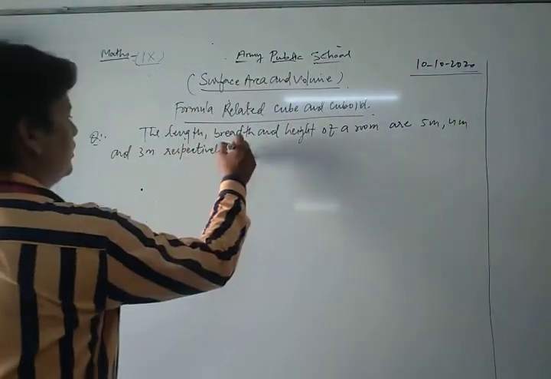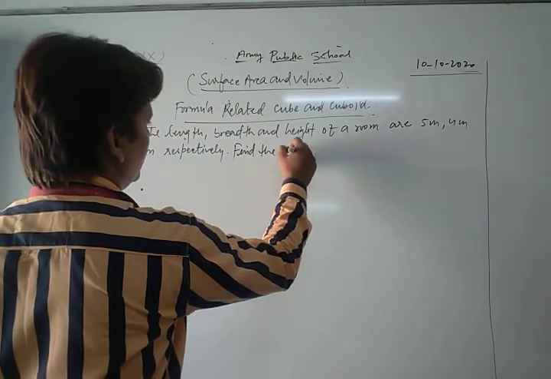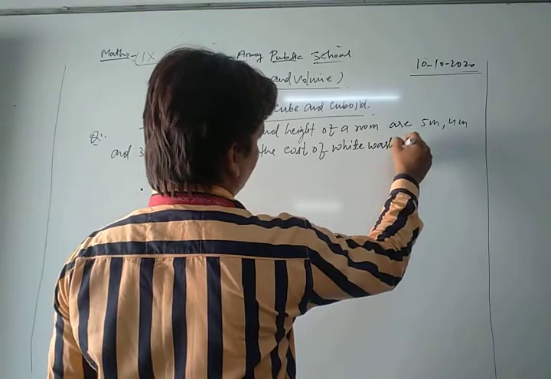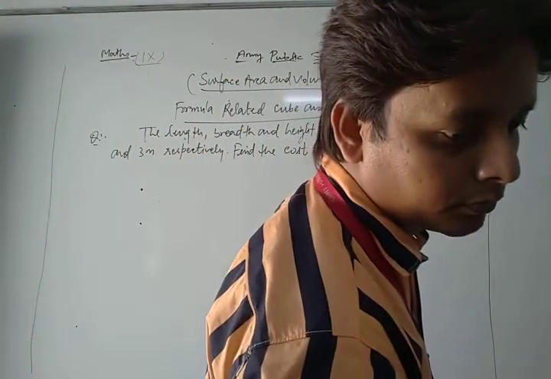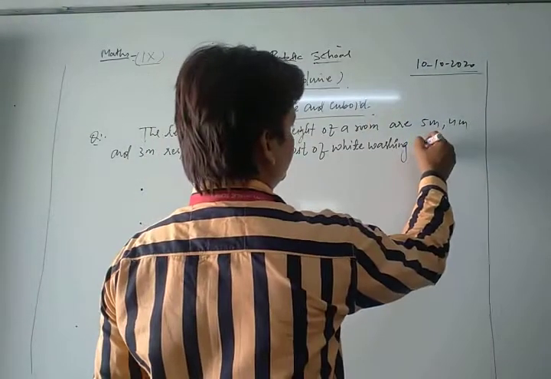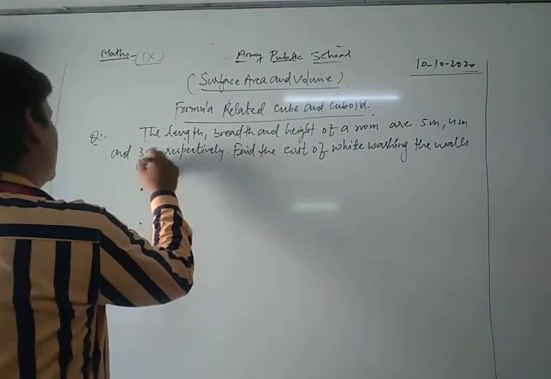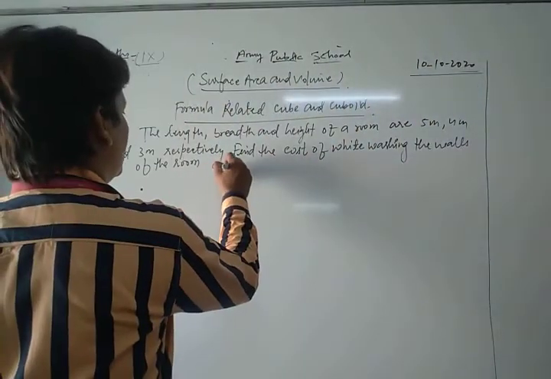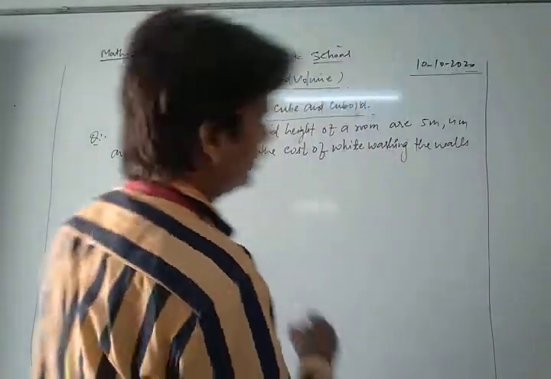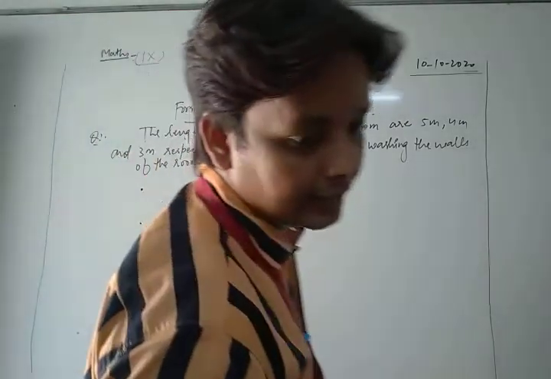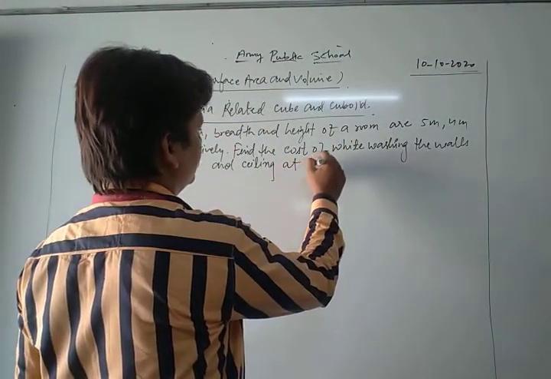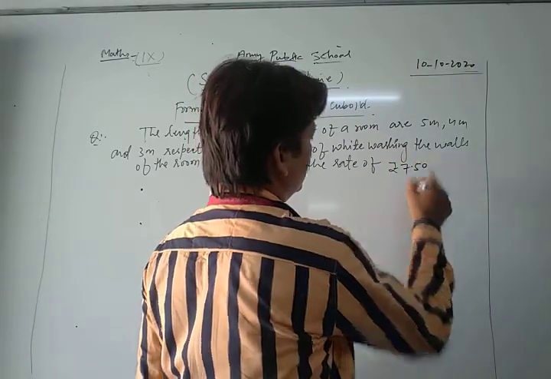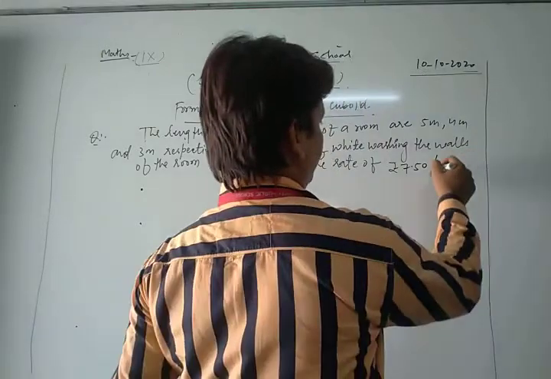Find the cost of whitewashing the walls of the room and ceiling at the rate of rupees 7.50 per meter square.